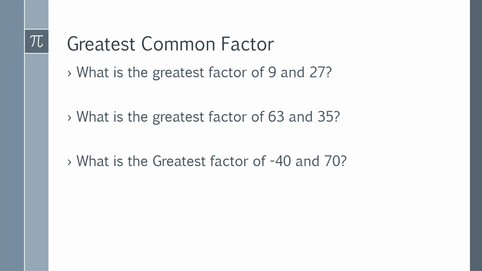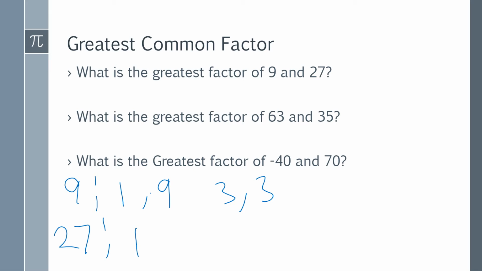Guys, what is the greatest common factor that we have to deal with? And remember, to find the greatest common factor, let's do 9 and 27 right quick. The other two I'm going to leave for you to do. So 1 times 9 gives you 9. 3 times 3 gives you 9.